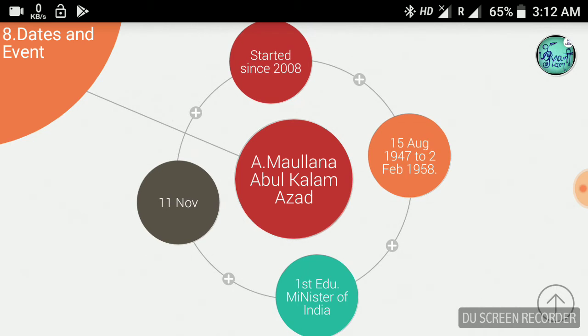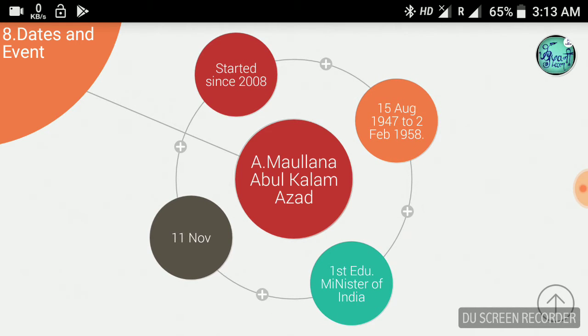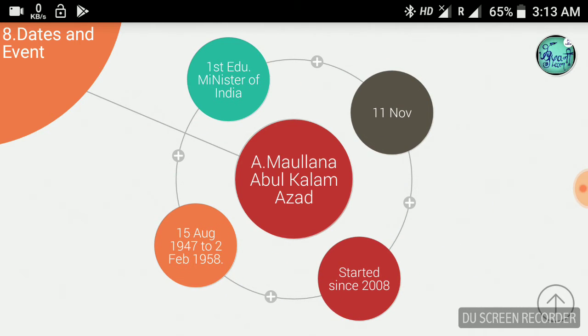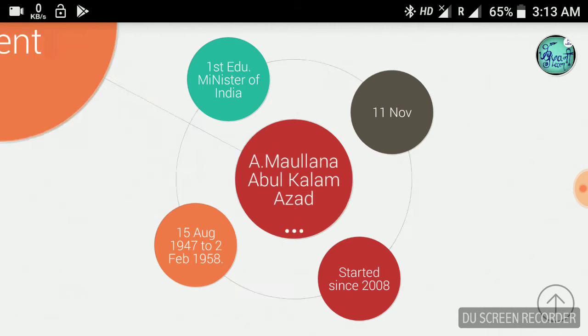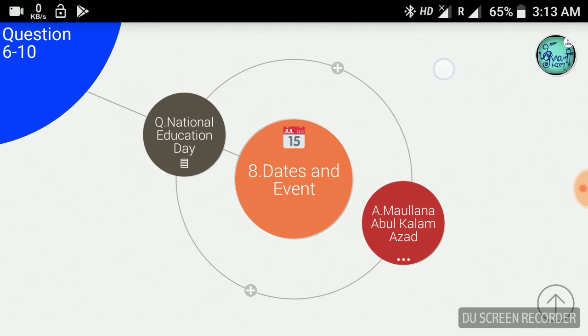Maulana Abul Kalam Azad was the first education minister of India, and he served from 15 August 1947 to 2 February 1958, which is a great contribution to the education sector of India. The IITs, IIMs, and different kinds of institutions that you see today in India were actually created in the mind of him and his team.